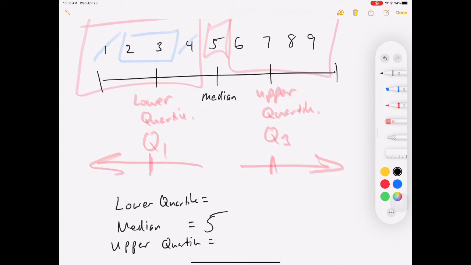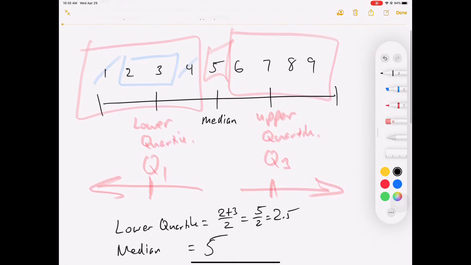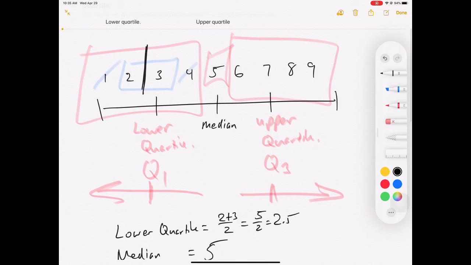So the lower quartile is 2 plus 3 divided by 2. 2 plus 3 is 5, and 5 over 2 is 2.5. So the lower quartile would be 2.5. And you can see when I wrote 2.5 here, it broke the numbers into 2 equal parts.